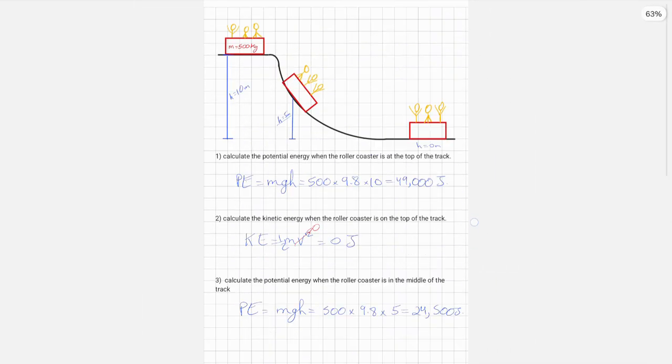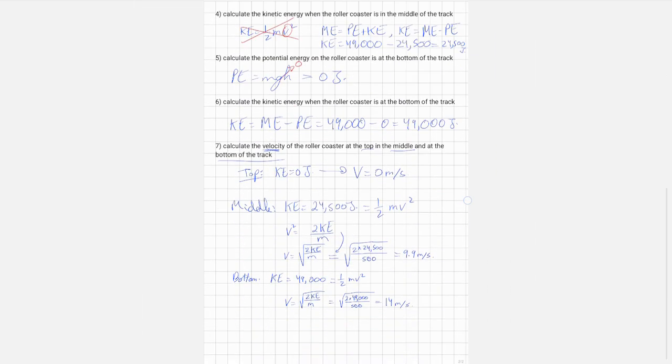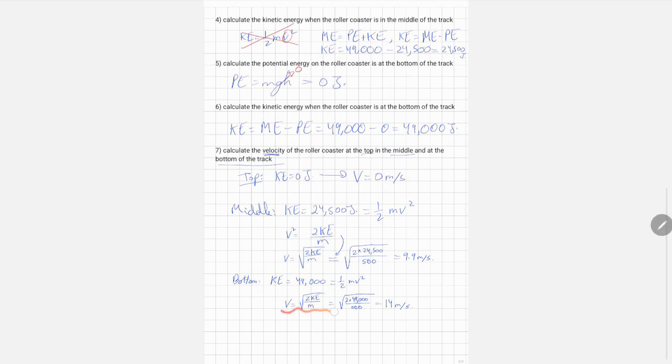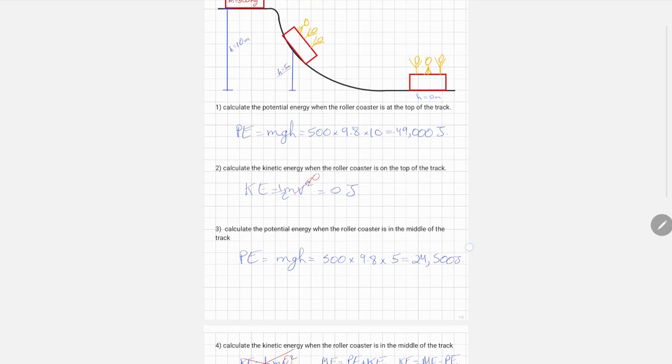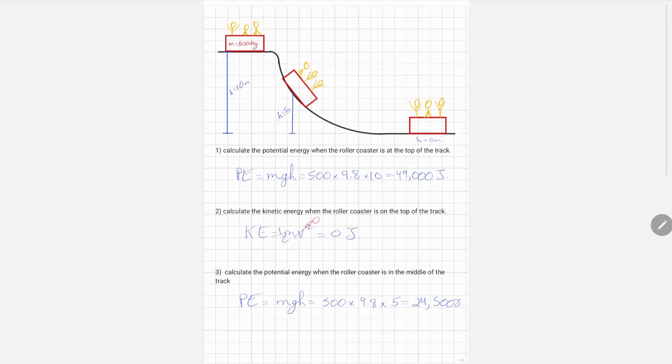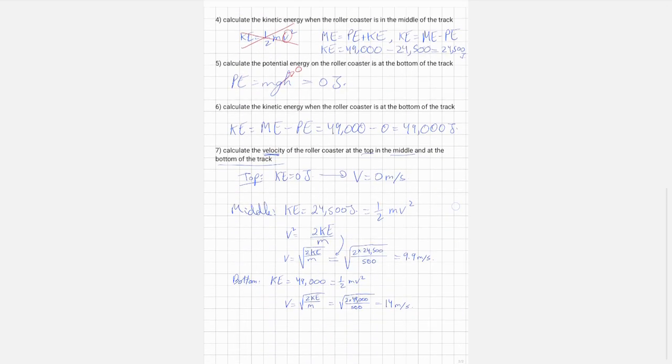So this is basically the idea. We are able to calculate the velocity using the potential energy and the kinetic energy formulas. And then, interestingly enough, that can be used in other problems through kinematic equations.